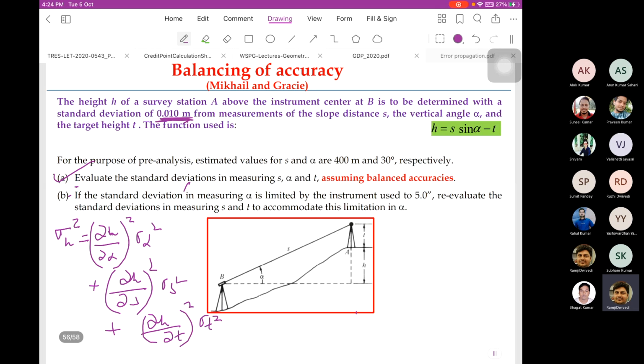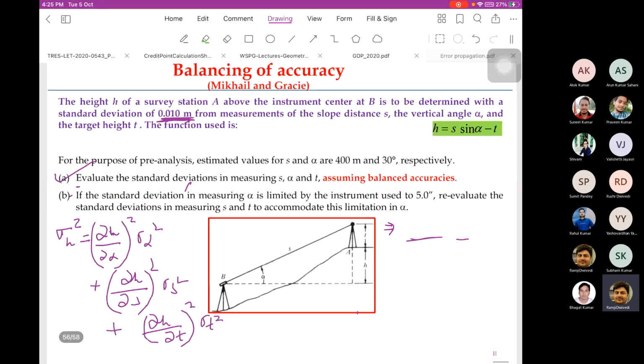That's how you write the error propagation equation. Okay, and then you take the values in these partial derivatives, and evaluate it. Use your notebook.